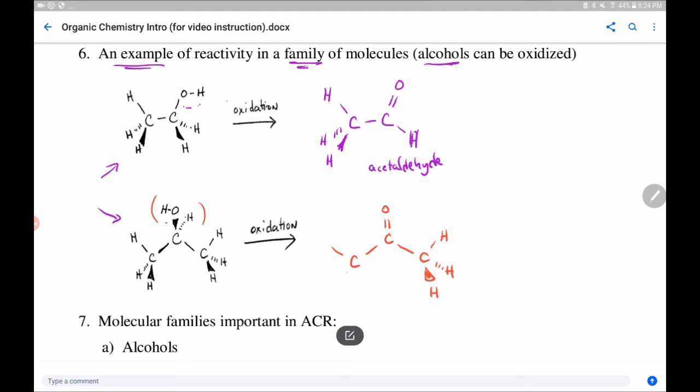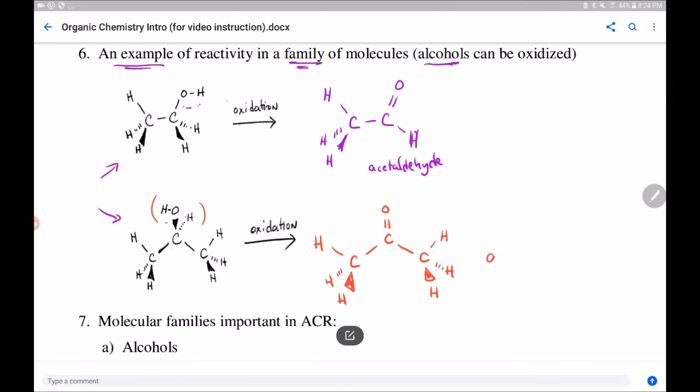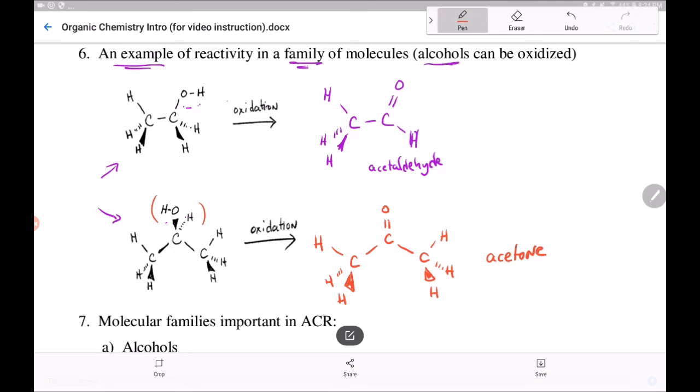This happens to be the molecule acetone, which some of you may recognize as nail polish remover. It's a good solvent.